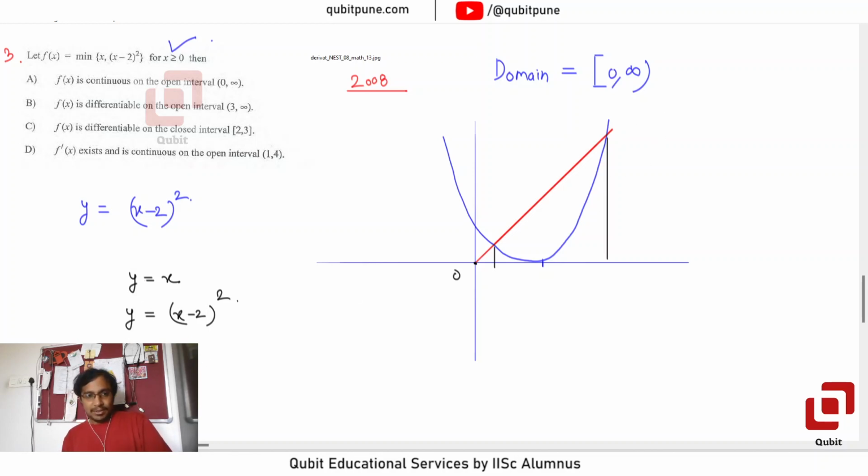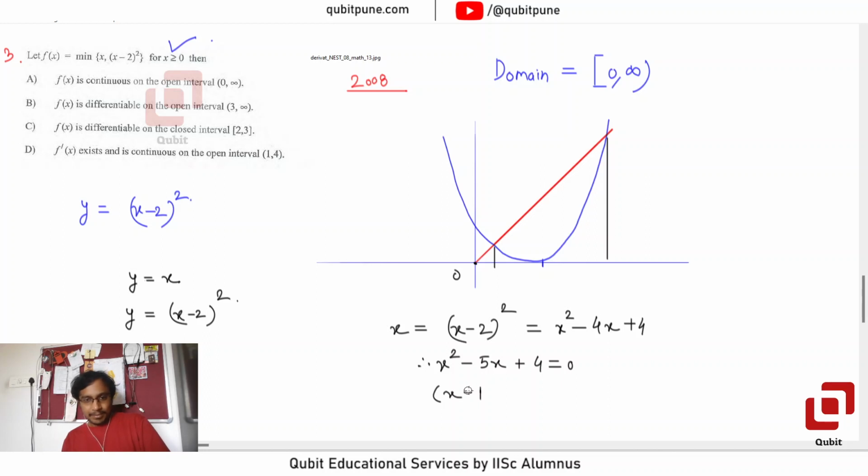So can we find the points of intersection of y equal to x and y equal to x minus 2 squared? Yes, that's pretty easy actually. We need to solve the two equations simultaneously. x squared minus 4x plus 4, therefore x squared minus 5x plus 4. The split is simple now, negative 4 and negative 1.